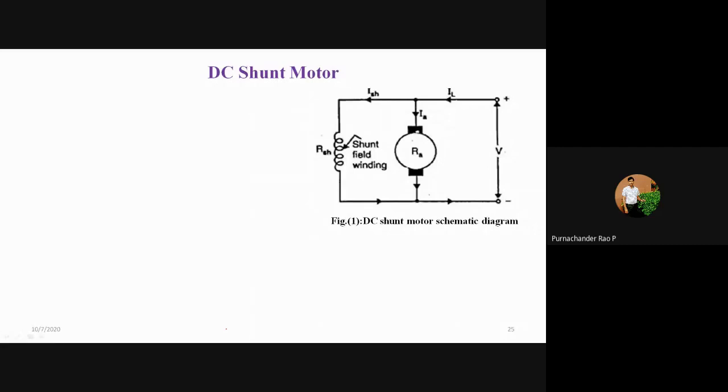So here, this is a supply voltage which we are giving to the armature, and the shunt field winding is directly connected across the armature circuit.